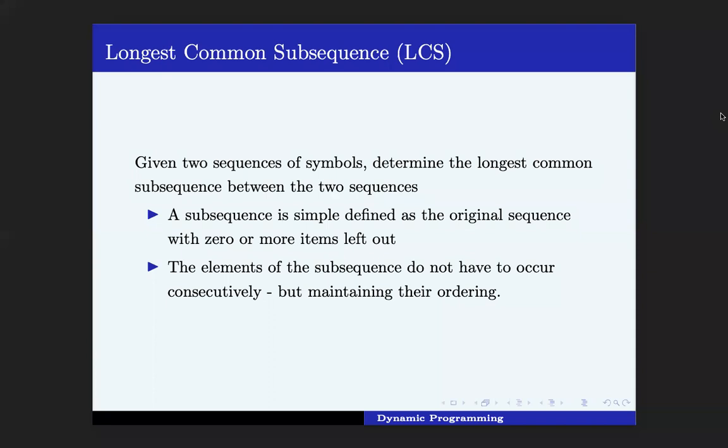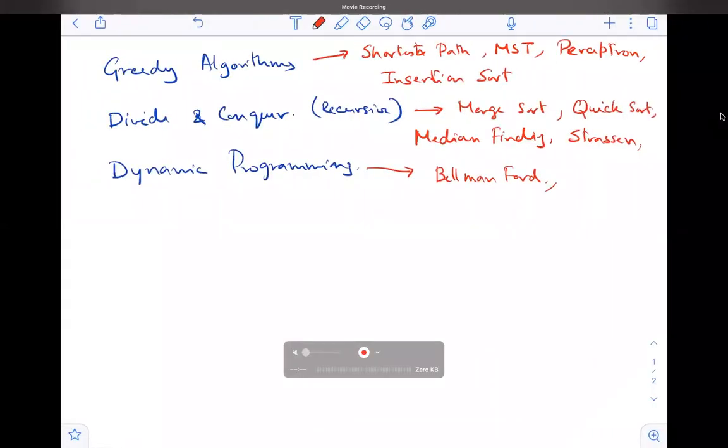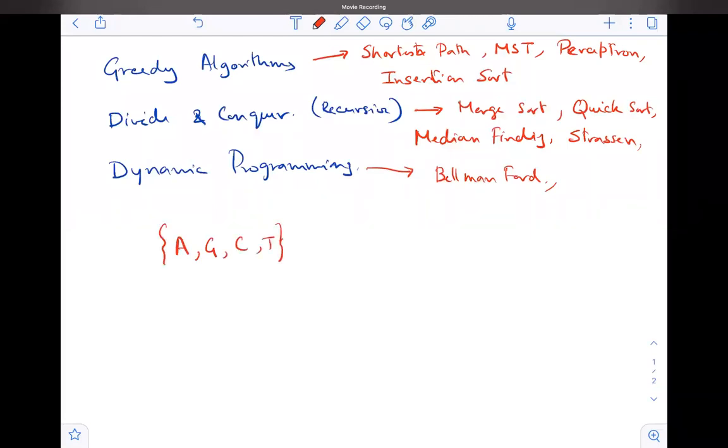So basically, what is a sequence? A sequence is a huge string of symbols. You can think of English words, or if you want to talk about a gene, then it's a string of A, G, C, T, say a 10,000 length string of this form.